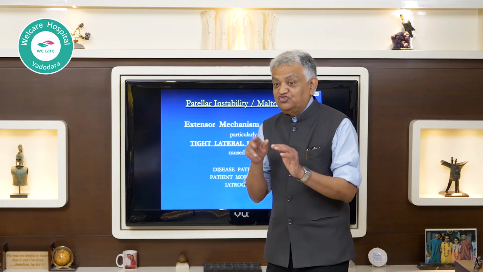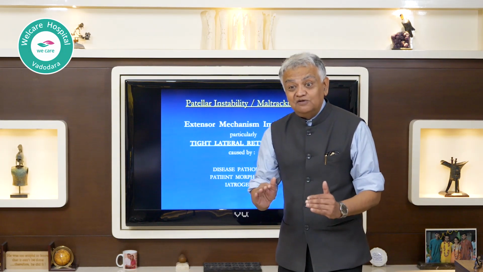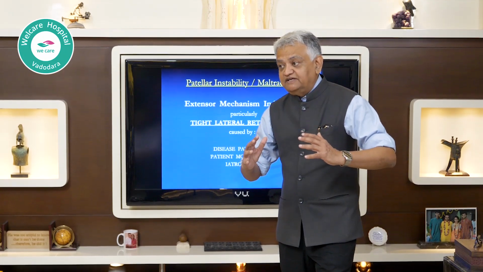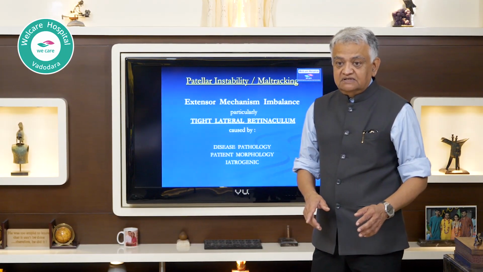The trochlea of the femur is shaped to fit the patellar anatomy. The retinaculi are also supposed, in a normal situation, to have developed in just the right manner so that they have just the right length and orientation of fibers. All this results in a pain-free, normal patellofemoral joint function, which is what presumably all the knees in this room today have. The moment disease sets in, and here we are restricting the disease discussion only to arthritic knees.